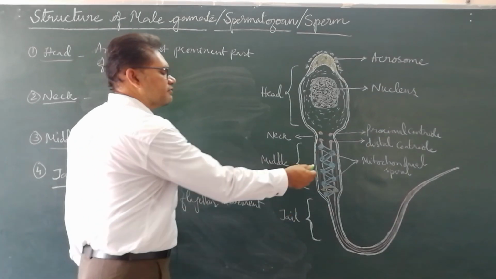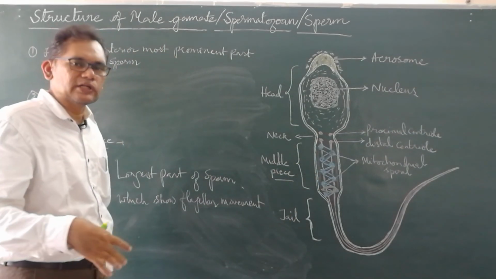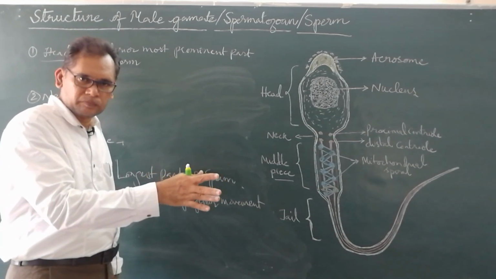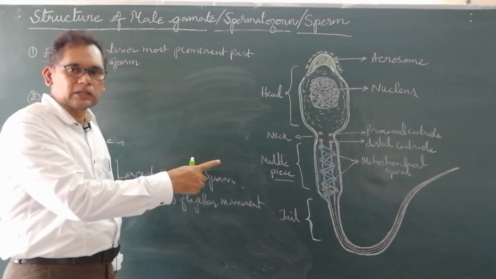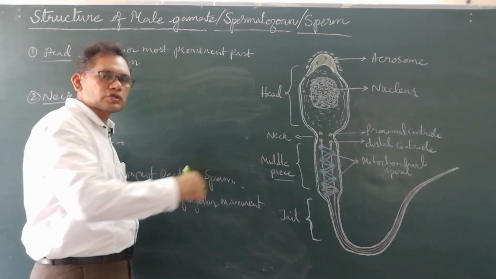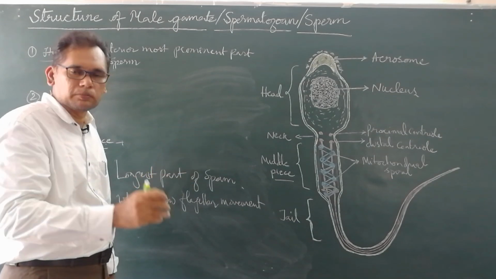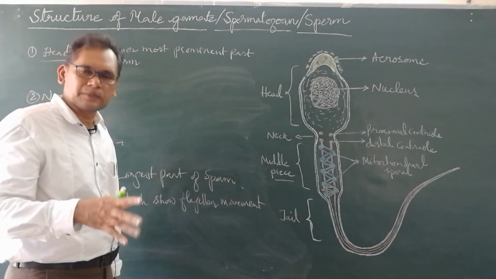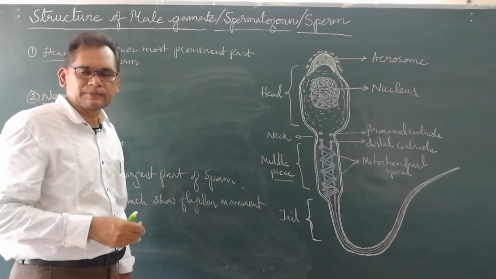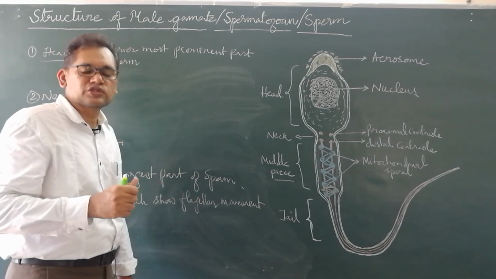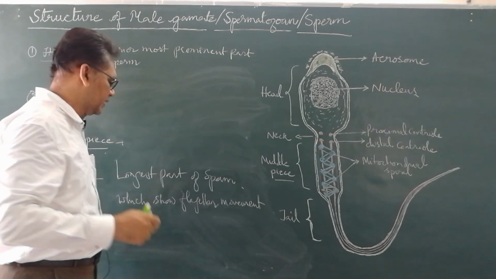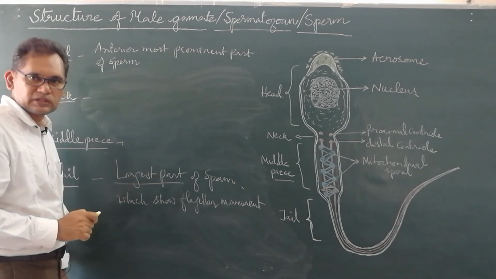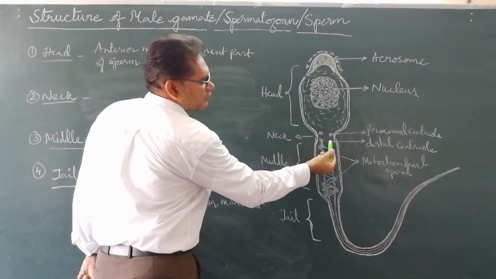By taking energy from the middle piece, the tail shows flagellar movement, by which the sperm moves. The movement of the sperm is due to the presence of the tail. If for any reason the tail is absent, the sperm does not show movement. Hence this is a very important structure, the longest part of the sperm. It consists of the flagellar part from the distal centrioles.